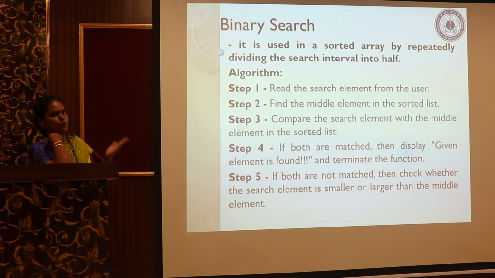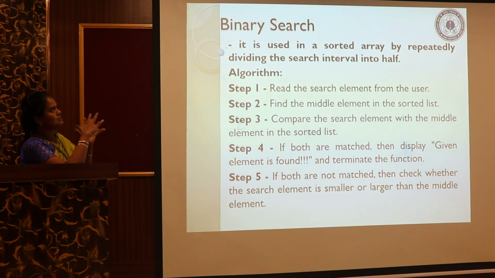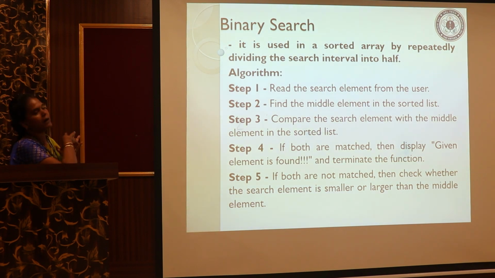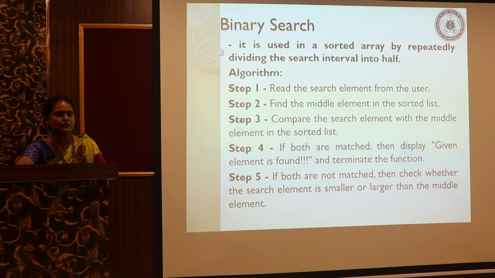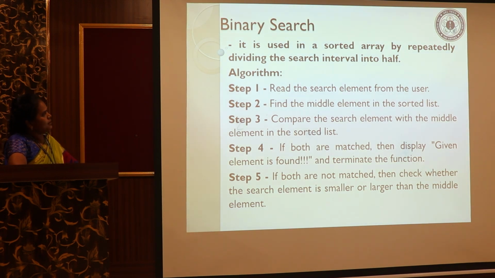If it is lesser, you move to the left sublist, or if it is greater, you move to the right sublist. So this is how you perform binary search. Here we follow the divide and conquer strategy. I'll just explain the algorithm.